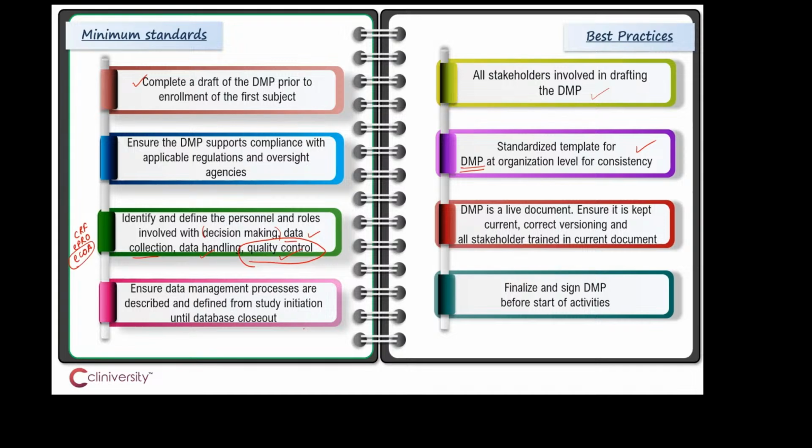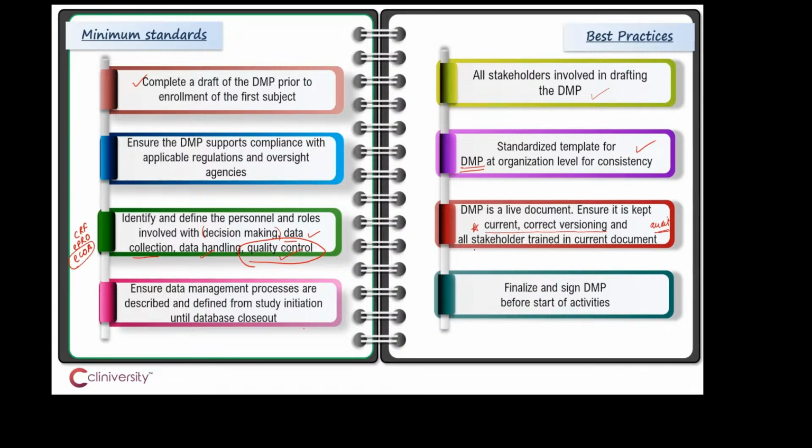As mentioned in the previous slide, DMP is a live document. So it's very important, and from the audit perspective also very critical, that the DMP is correctly versioned. It is always ensuring that every staff working on that specific study uses only the current version of the DMP and they are not referencing some old versions.